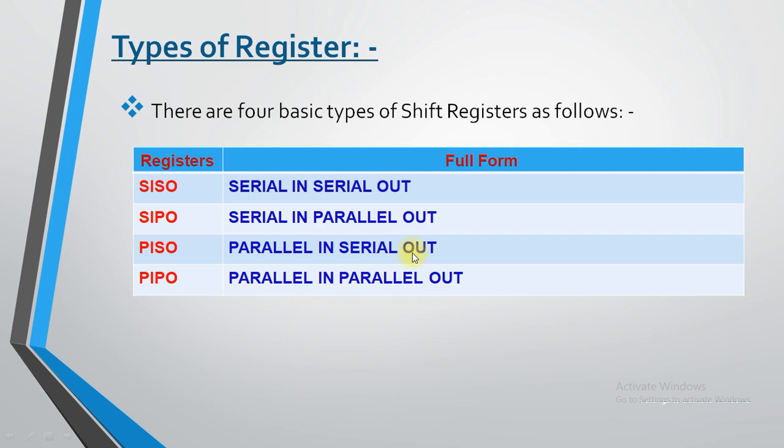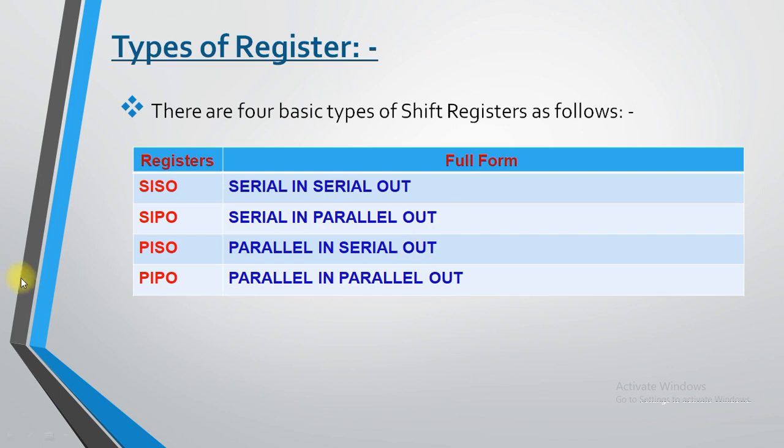Now see, if you are confused with the concept, what you need to do is consider our routine life example which I gave you at the very beginning of this lecture. Consider one gate of college, right, from where you are going to enter or go out.